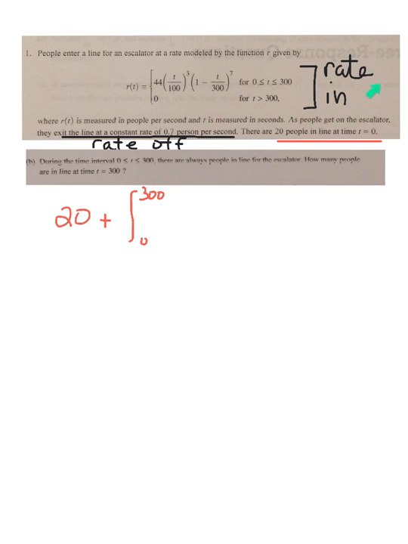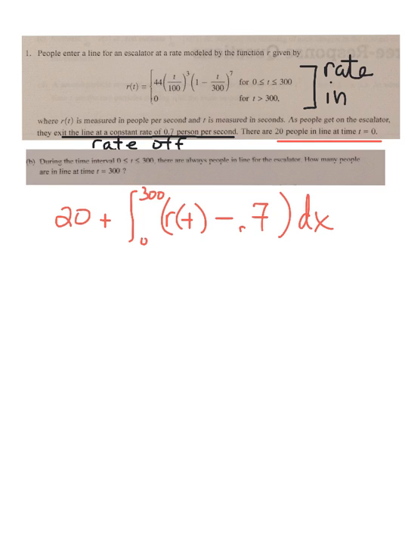Rate in minus the rate out, and that will give us the amount of people because we're going to integrate those rates. Our rate coming in would be R of t, the rate going onto the escalator, minus the rate coming out, which would be 0.7, and then we're going to dt that.